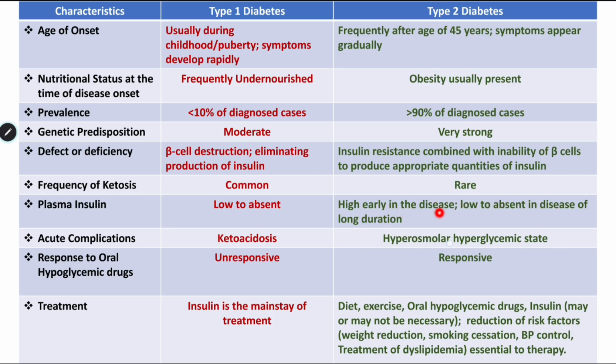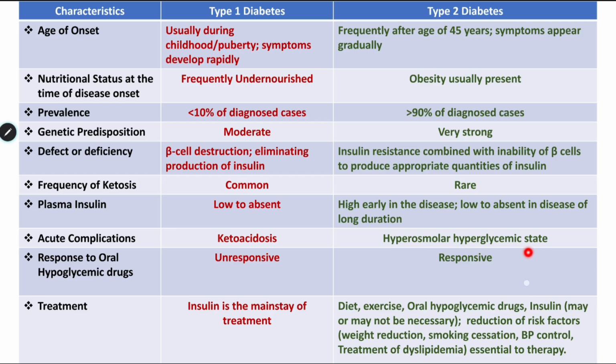Why is it high? Because the body tries to overcome the insulin resistance by increasing insulin secretion. But as the disease progresses, insulin secretion goes down because the beta cells eventually exhaust. They get tired of synthesizing insulin, and eventually type 2 diabetes, if not controlled, becomes like type 1 diabetes because the beta cells stop secreting insulin.